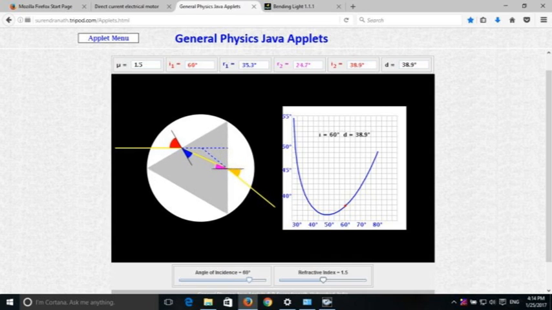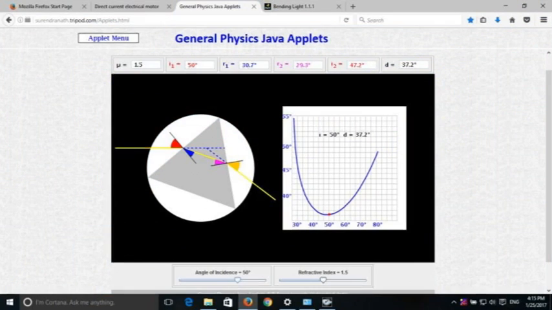But if I further increase the angle of incidence, you find that the angle of deviation is increasing. At one point, the angle of deviation reaches the bare minimum, and that is essential. You should have noticed that when the angle of incidence is about 50 degrees, the angle of deviation is just 37.2 degrees. That is where you need to take this reading very carefully.